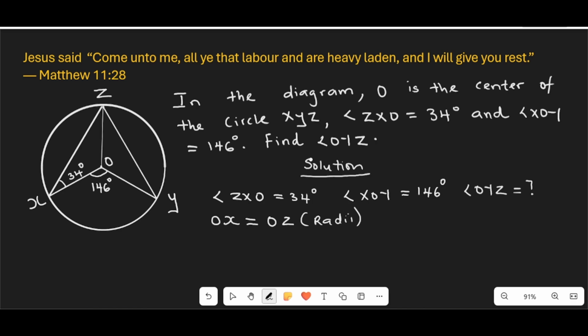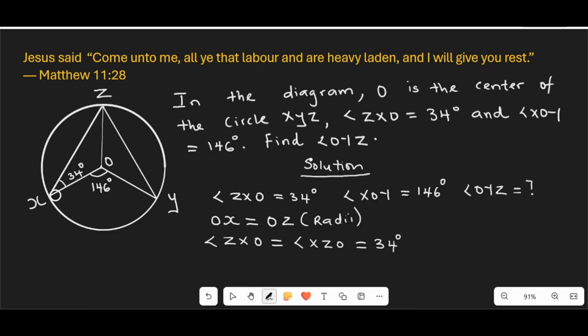So we can say angle ZXO equal to angle XZO equal to 34 degree.